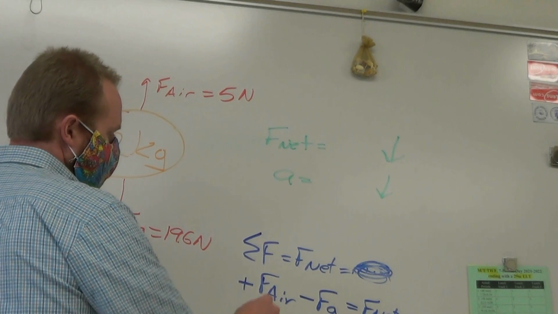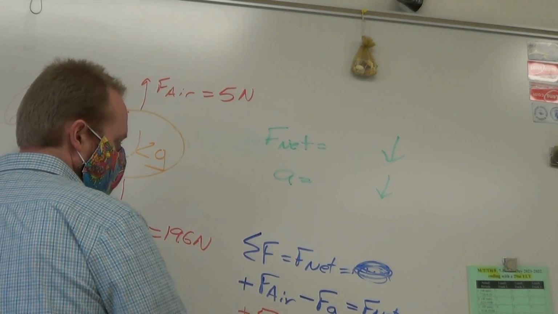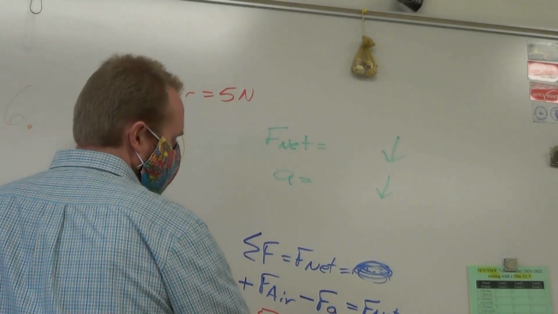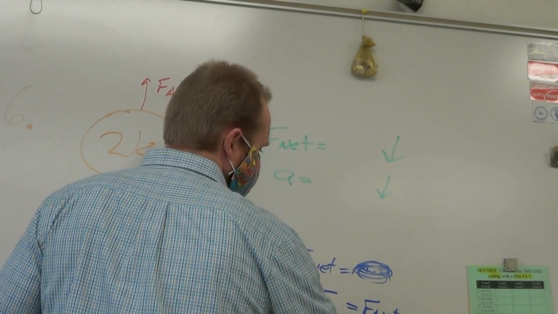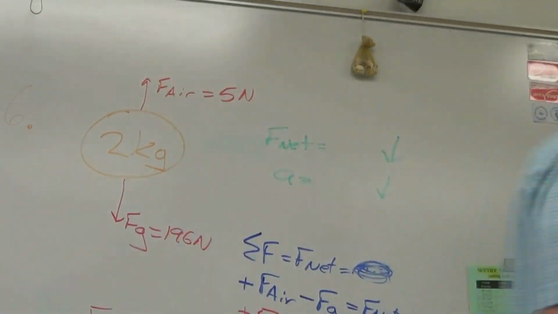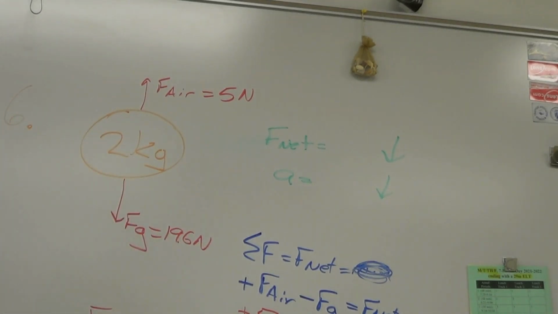My air resistance is 5, so plus 5 minus 19.6 is equal to F net. When we go through and do plus 5 minus 19.6, we get a negative number, which tells us the direction.